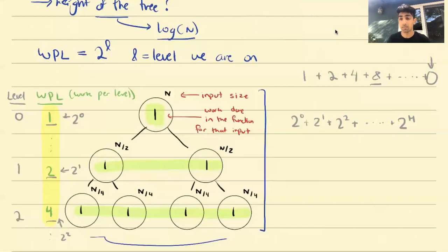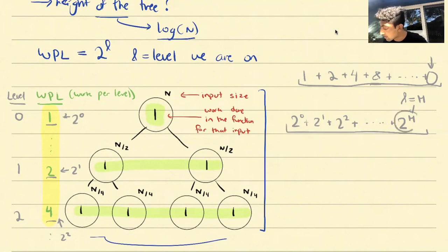Because we know that the bottom level of this tree has the property where L is equal to h, where h is the height of the tree. So now what I'm saying is I can rewrite the sum from before in terms of this, which allows us to identify the last term of this sum much easier, right?